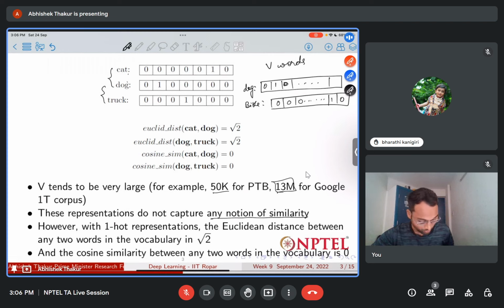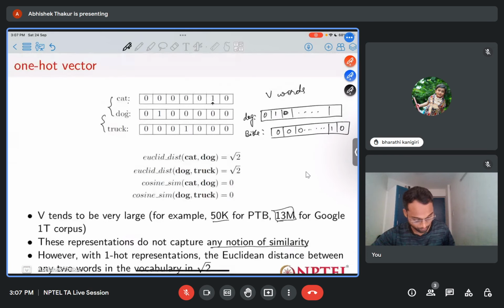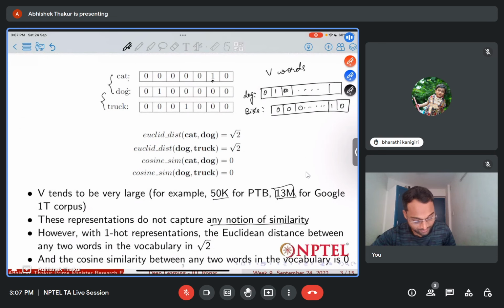Next, with one hot representation, the Euclidean distance between any two words in the vocabulary is root 2. For cat, the one comes at one place, and for any other word in this dataset, the one will come at some other place. How do we find the Euclidean distance?